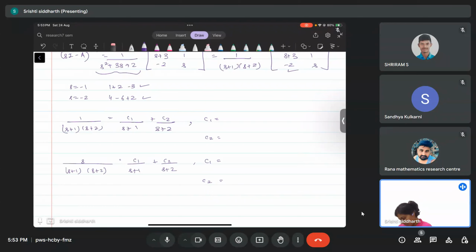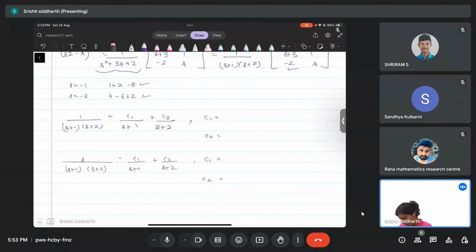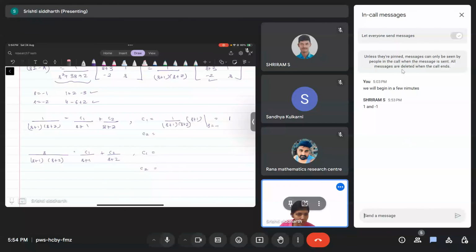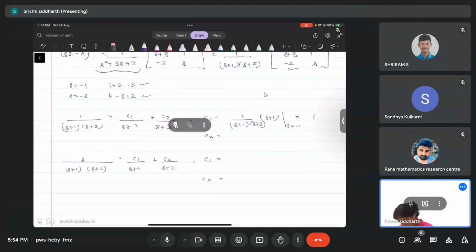Let's see. So C1 is going to be evaluated at s equals minus 1. So first one is 1. Okay. The next one is minus 1.